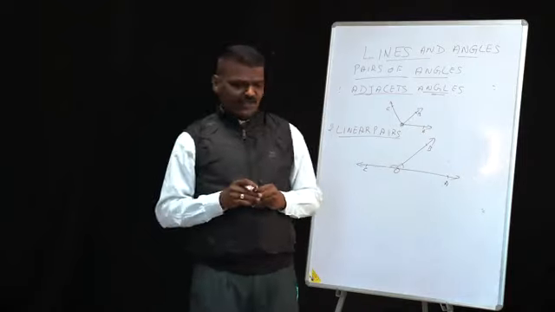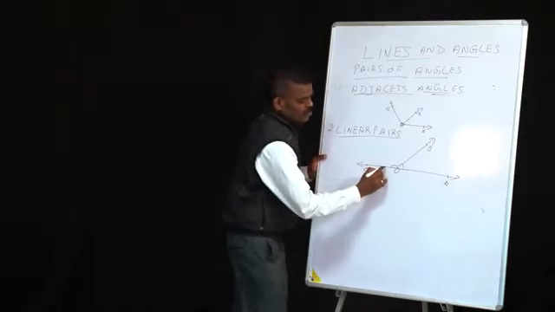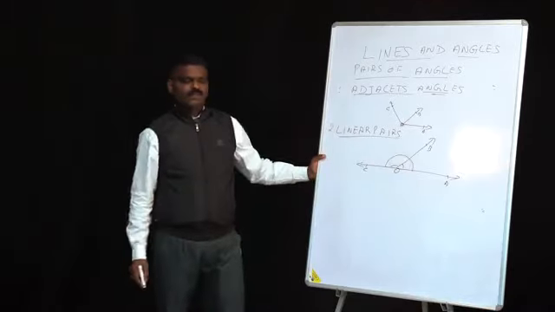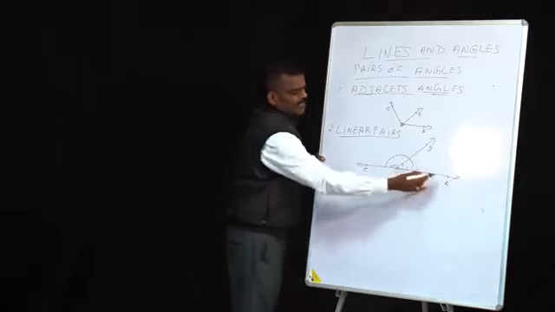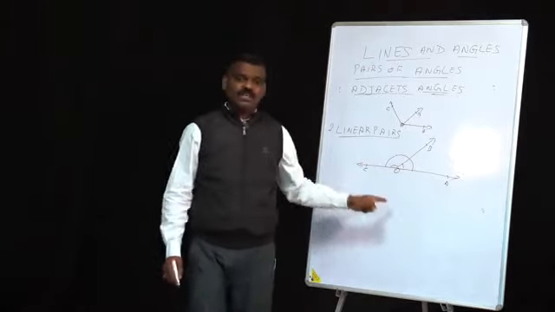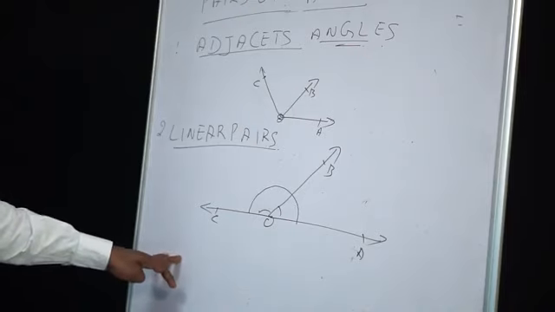Now, about linear pairs of angles, I want to explain one more point here. Can you say angle AOC also? Can you say angle AOC here? What is the name of angle AOC? Yes, straight angle, right?